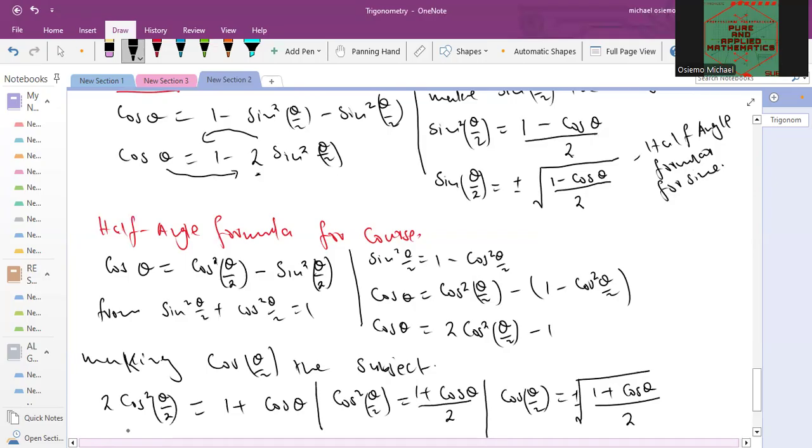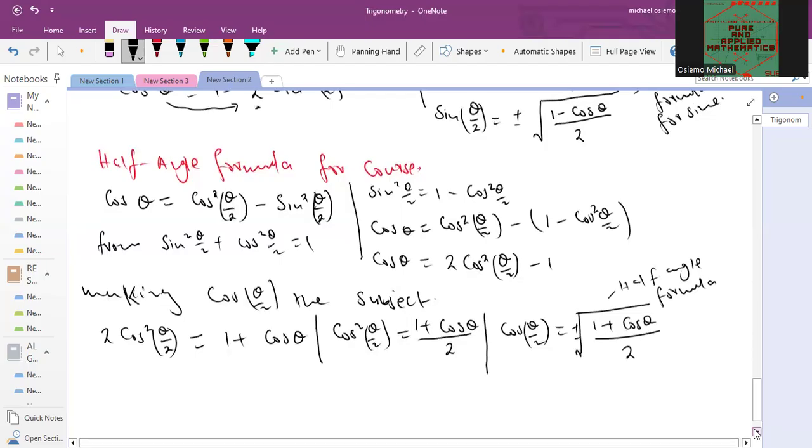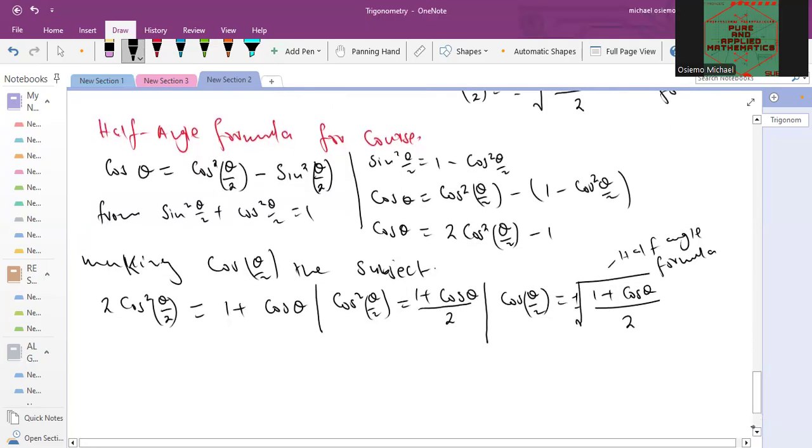So you can see this one here is the half angle formula for cosine.